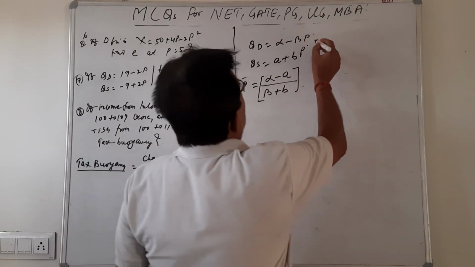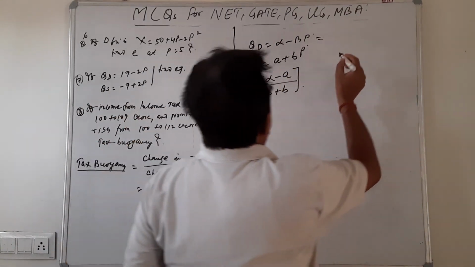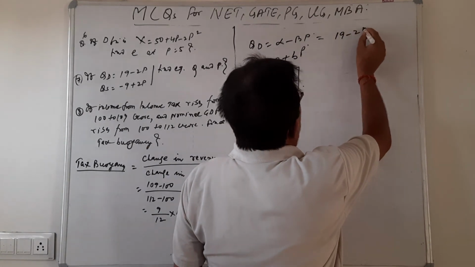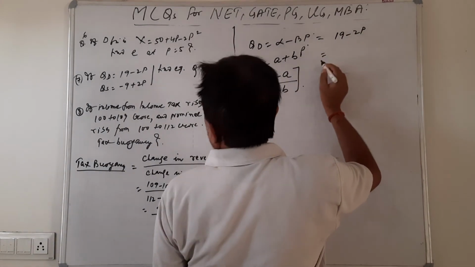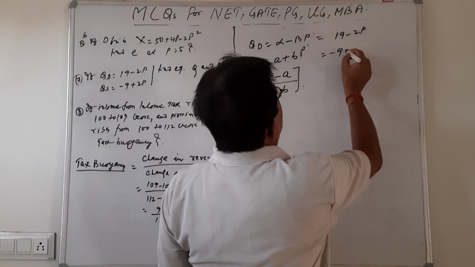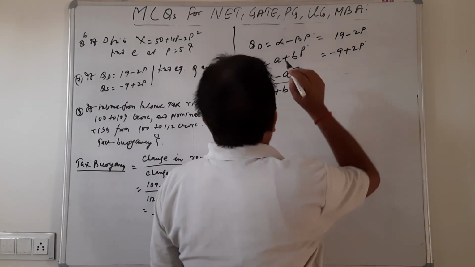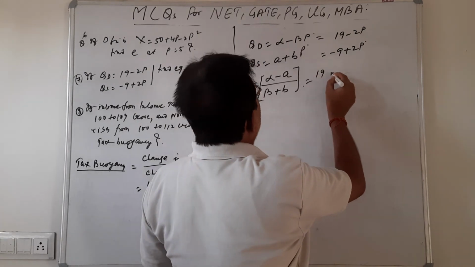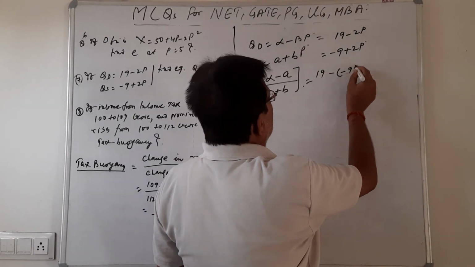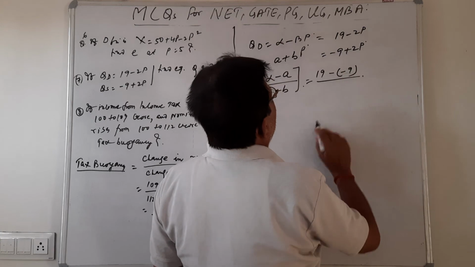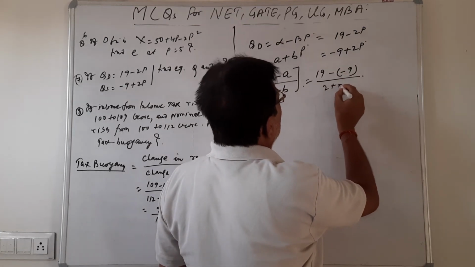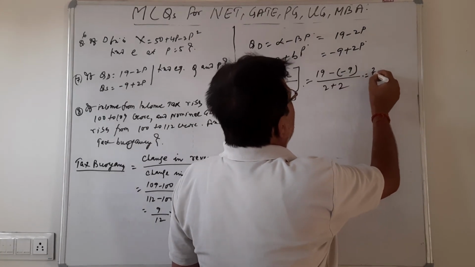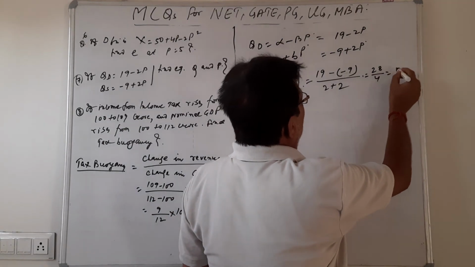Now here QD is 19 minus 2P, and QS is minus 9 plus 2P. So equilibrium price would be 19 minus minus 9, and 2 plus 2, that is 28 by 4.